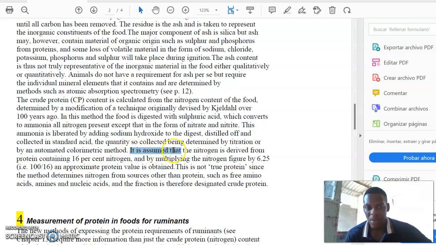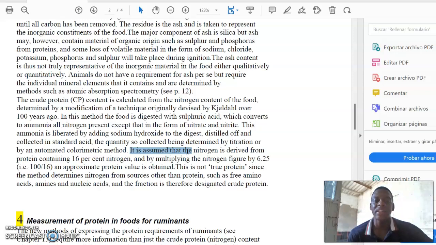It is assumed that the nitrogen is derived from protein containing 16% nitrogen, and by multiplying the nitrogen figure by 6.25, i.e. 100 in 16, an approximate protein value is obtained.